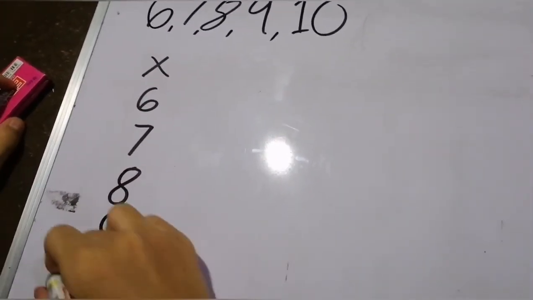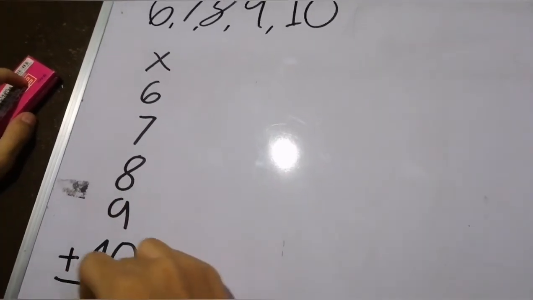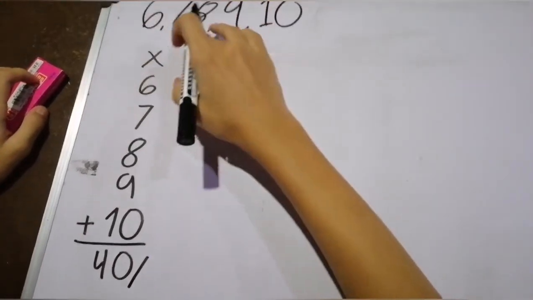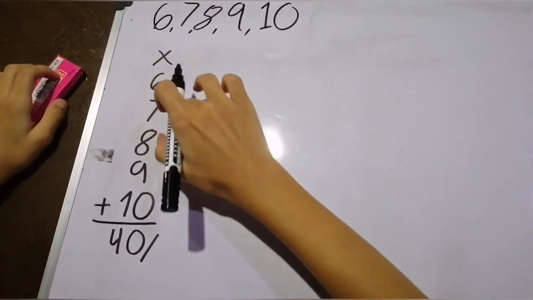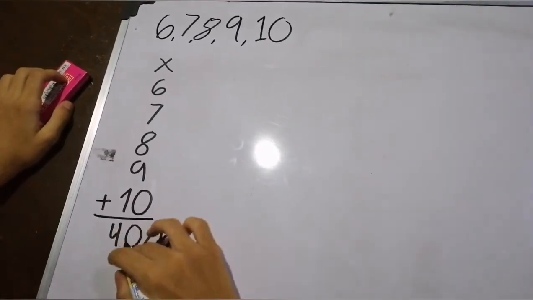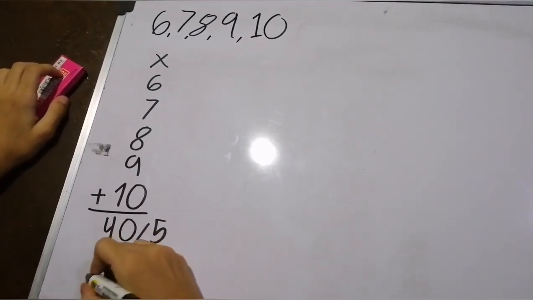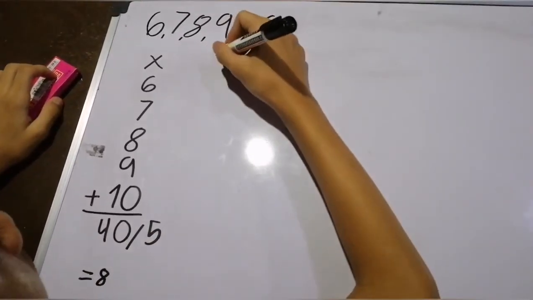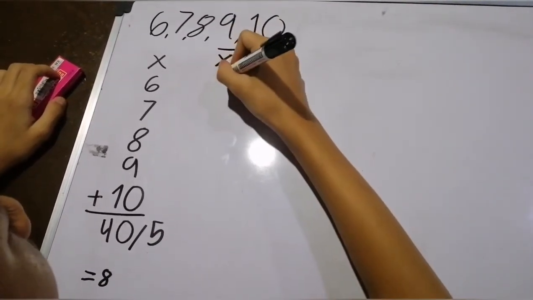The sum, which is 40, divided by the number of values included, which is 5. And the solution to this is 8. So our x bar will be 8.